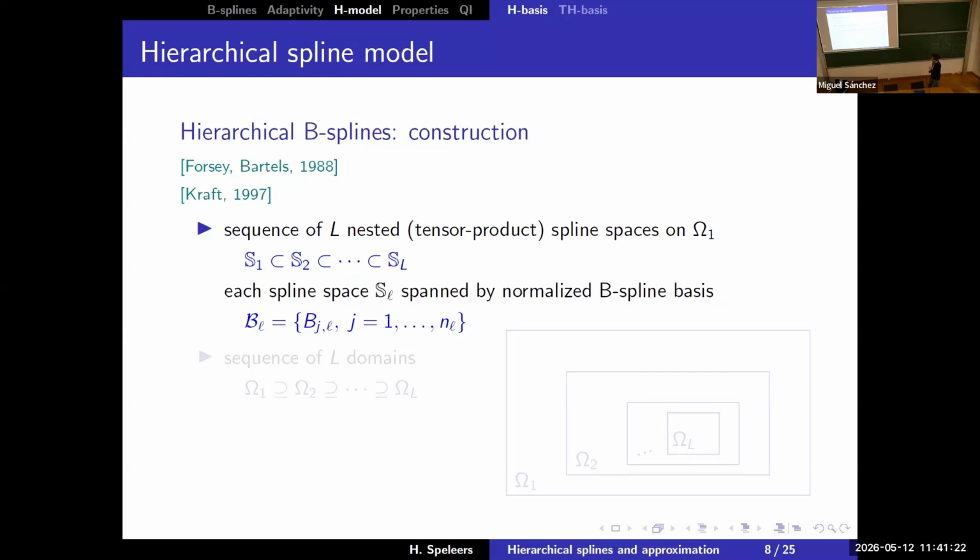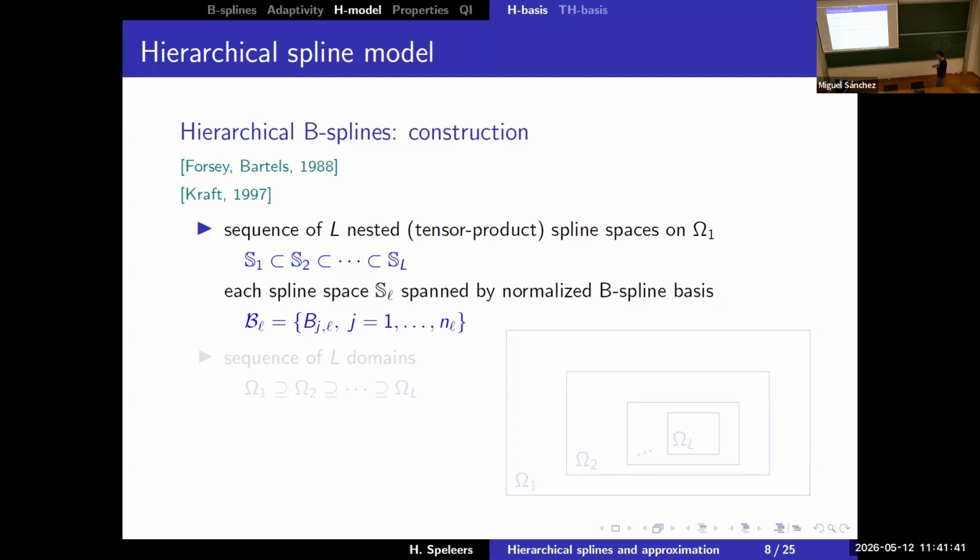So in this way, I can explain everything without focusing too much on the dimension of the problem. It's just cumbersome otherwise. So that is the first ingredient: we need different spaces of different resolution.